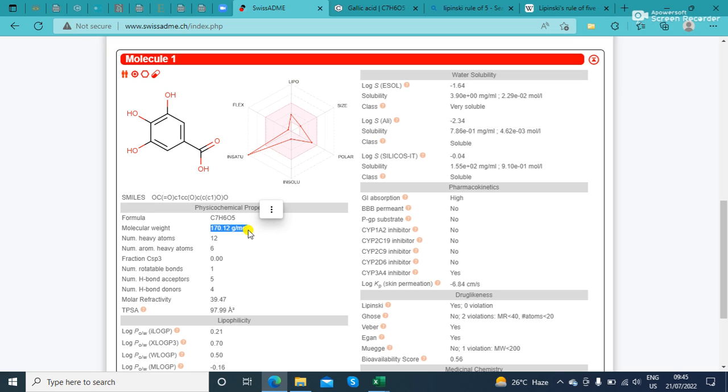A second rule: the number of hydrogen bond acceptors. Our hydrogen bond acceptor count here is 5, and the rule says it should be less than 10. So that rule is also respected.